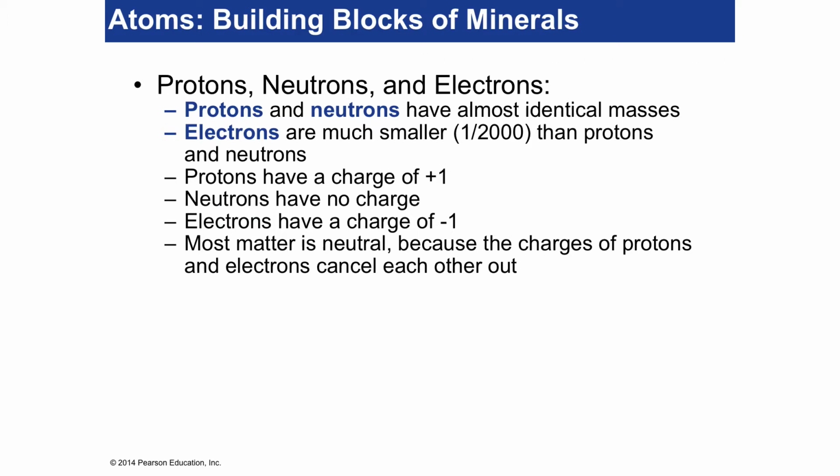So let's look at these components of atoms then. Protons have a positive charge, and neutrons have no charge at all. Electrons have a negative charge equal to a proton. But an electron is about 1,800 times smaller than a proton.